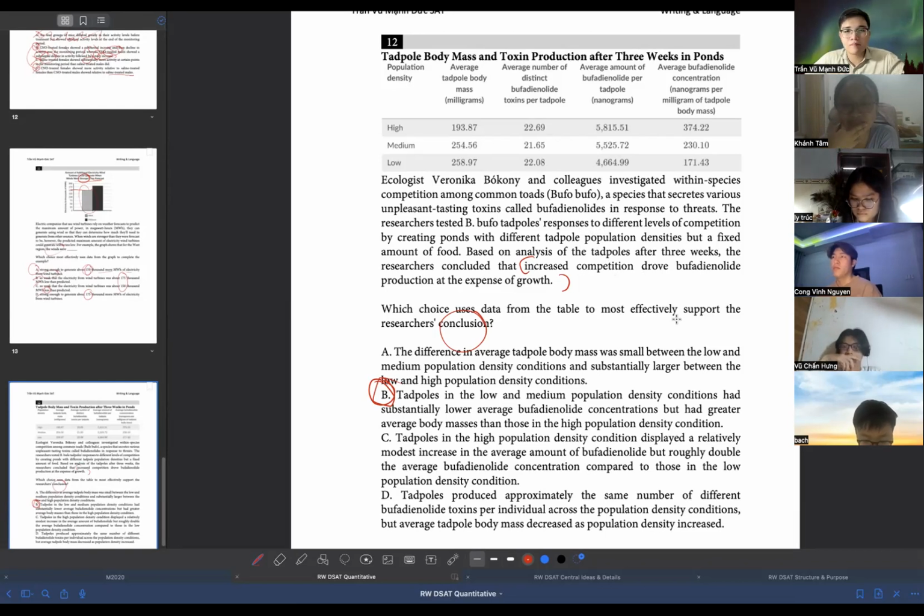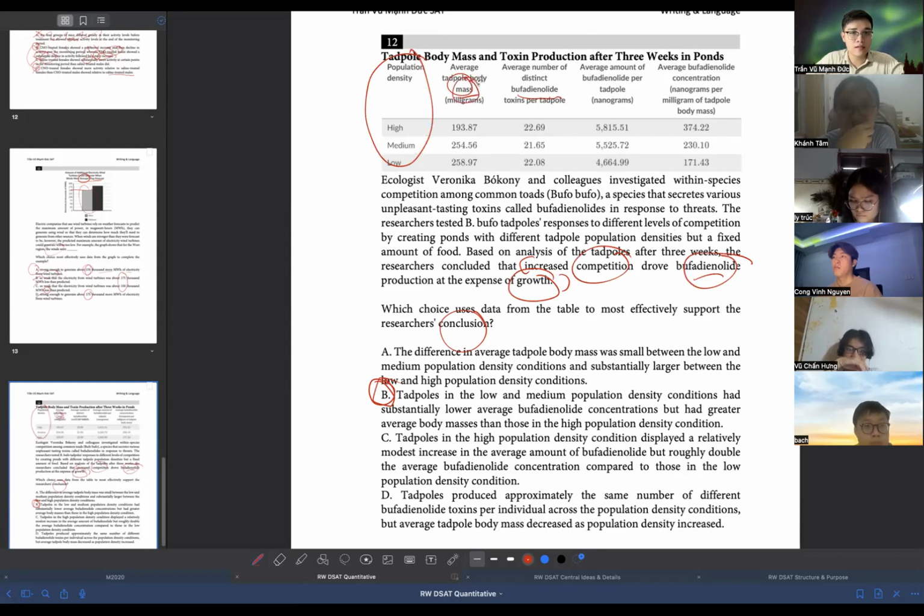You said that the increased competition drove both the B production at the expense of growth. So we're looking for the numbers that indicate that this production is higher because competition is higher. Competition is higher means that density is higher, right? This is basic biology. And which one is indicating the growth? Is it bufadienolide or is it the mass? It is the mass, right?